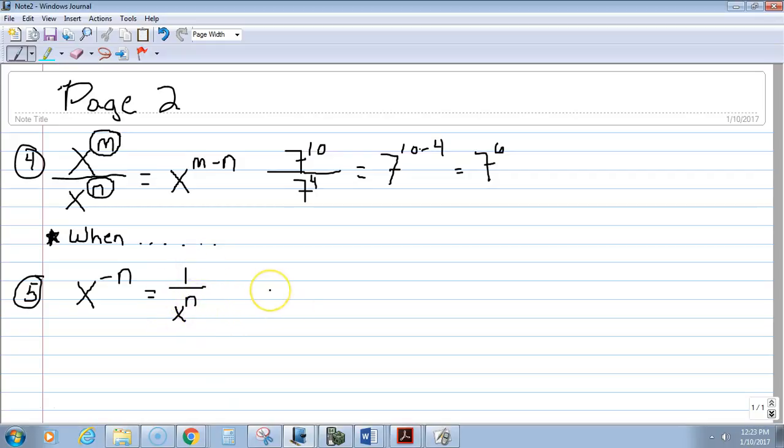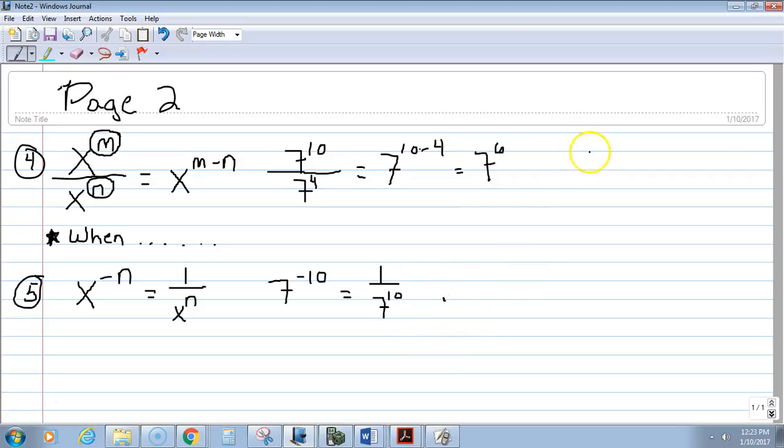Okay, so if you want a positive number, you have 1 over x to the positive n. So if we had 7 to the negative 10th power, that is the same as 1 over 7 to the positive 10th power.